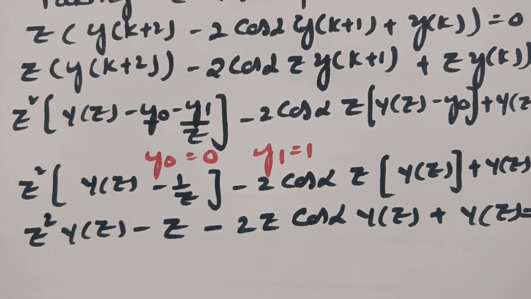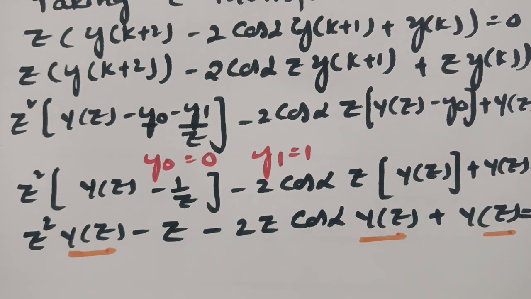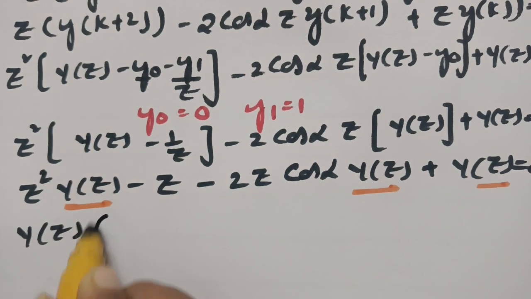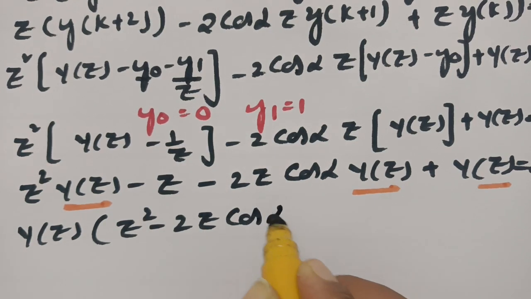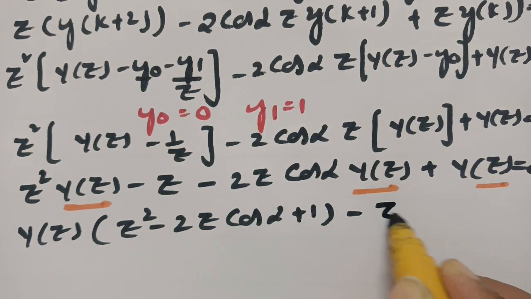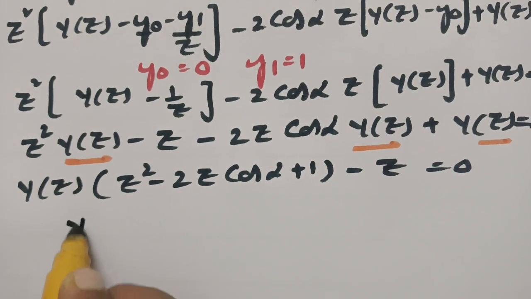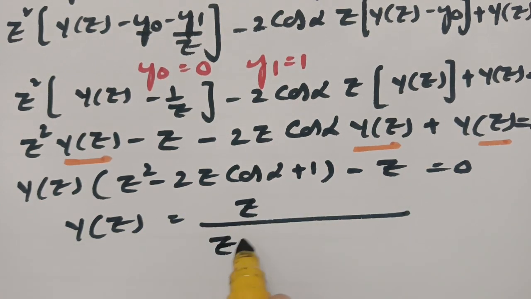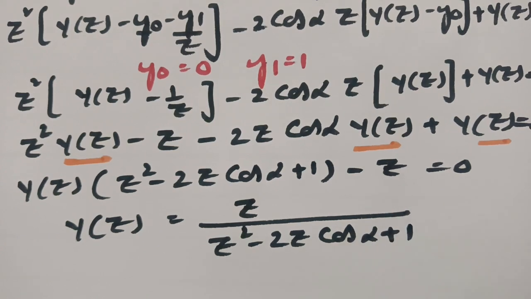Now if I take Y of z common, see what remains here. So Y of z into z square minus 2z cos alpha plus 1 minus z is equal to 0. And therefore Y of z value is equal to z by z square minus 2z cos alpha plus 1.